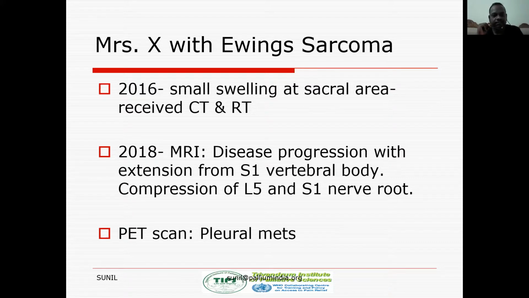In 2018, because of pain, they did an MRI and saw that the disease was progressing with extension from the S1 vertebral body, and there was also compression of the L5 and S1 nerve roots, and the PET scan showed pleural mets. So there were no oncological interventions planned for this patient.